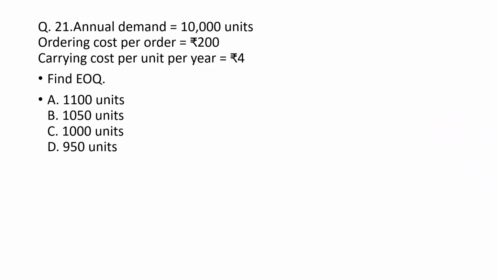Next question, numerical on economic order quantity. Here we are given annual demand is 10,000 units, ordering cost per order is 200, carrying cost per unit per year is rupees 4. We have to find out economic order quantity. So what is the formula of economic order quantity? Under root 2 into D, D stands for annual demand, into S. What does S stand for here?